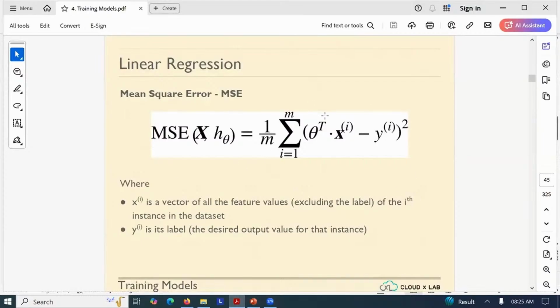Now, what we can do is also calculate the error for one point at a time, right? For example, let's say we have the ith training data. We can calculate theta transpose xi to get the model prediction for the ith training data, and the corresponding ground truth output is yi.